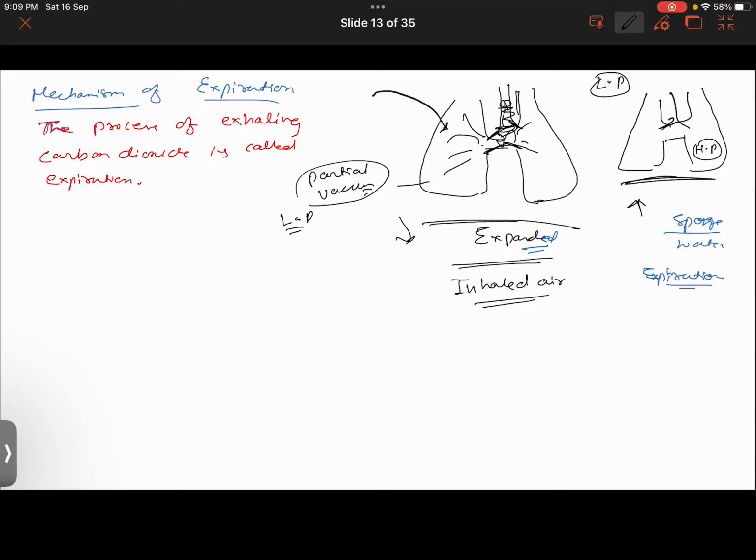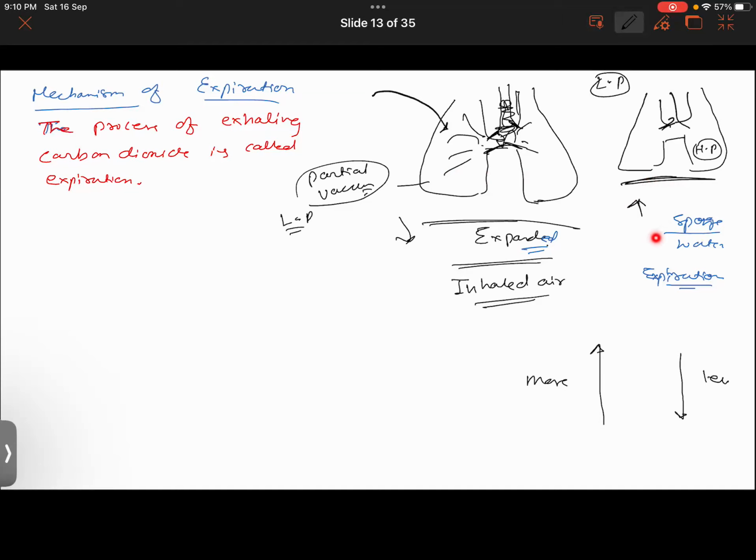Like if you were to climb the stairs, you need more energy, while if you're coming downwards from the stairs, you need lesser energy. In the same manner, in inhalation, you have to apply pressure to take in air, while in expiration, you don't have to apply much pressure.